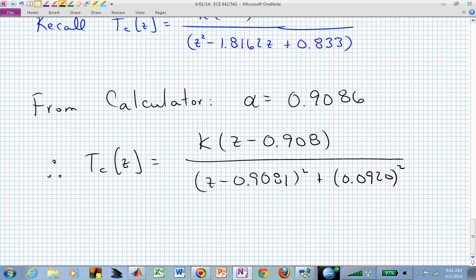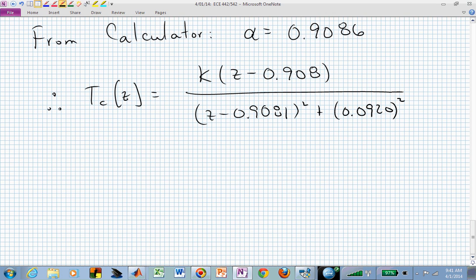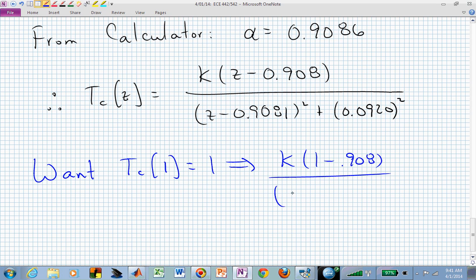I can now solve for that k based on my steady state accuracy spec due to a constant, and I want T sub c at z equal to 1 to equal 1, which now says that I have k times (1 minus 0.908) over ((1 minus 0.9081) squared plus 0.0920 squared), and I want all of that to equal 1.